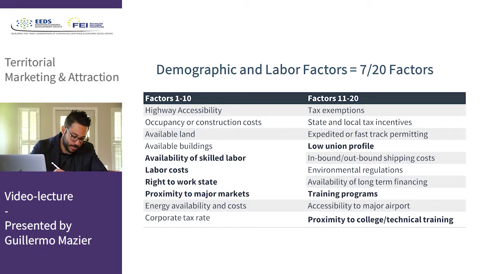Now, what I'll point out is that among the different data sets that communities or organizations have, the availability of skilled labor is arguably one of the most important data sets that you can show. Do you have the people that can do the work?